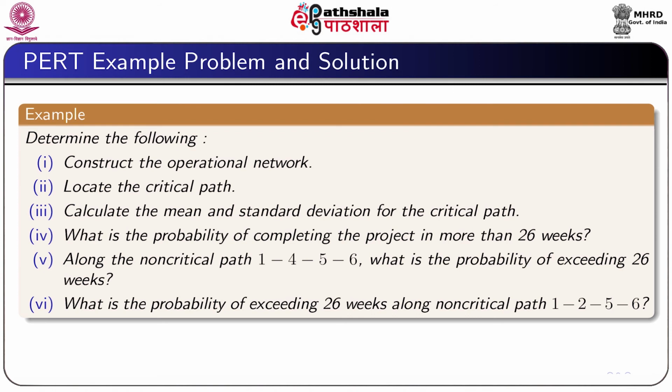And along the non-critical path 1, 4, 6, what would be the probability of exceeding 26 weeks? And finally, to determine what is the probability of exceeding 26 weeks along non-critical path 1, 2, 5, 6.